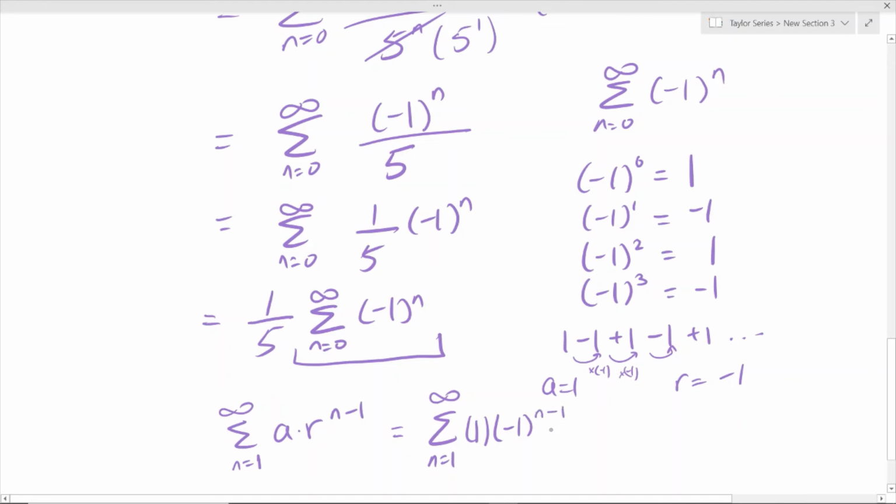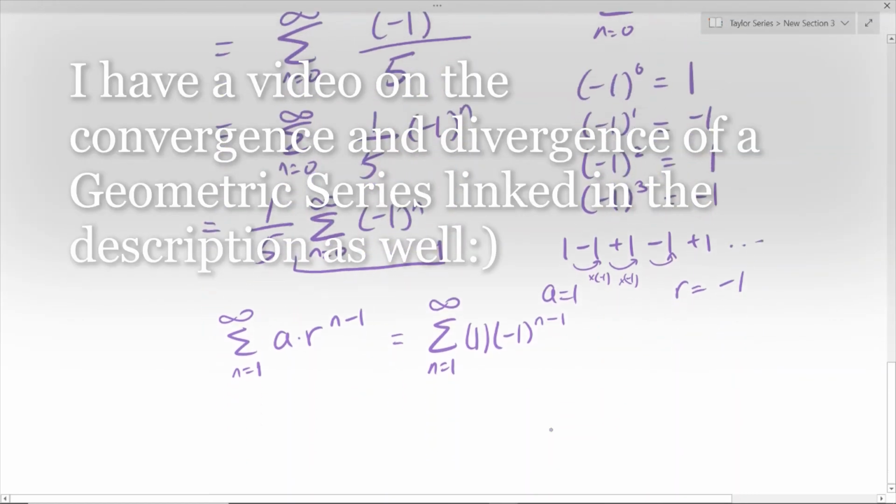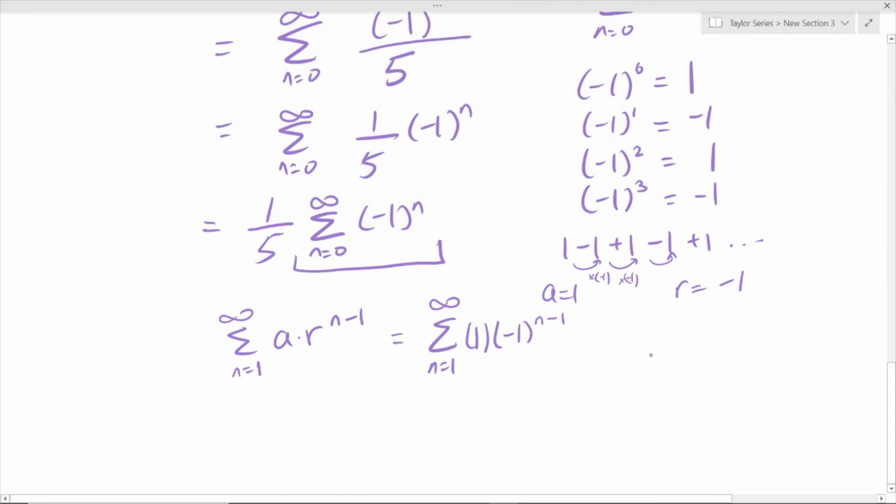So in this case, we know this is a geometric series. A geometric series converges when the absolute value of r is less than 1. And here, it's not less than 1. But also we know that the geometric series diverges when the absolute value of r is greater than or equal to 1.